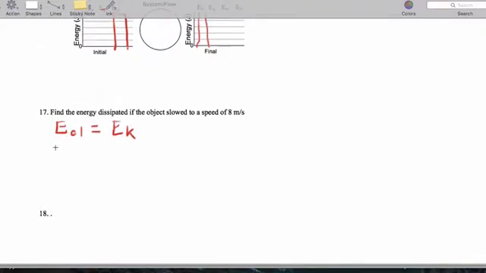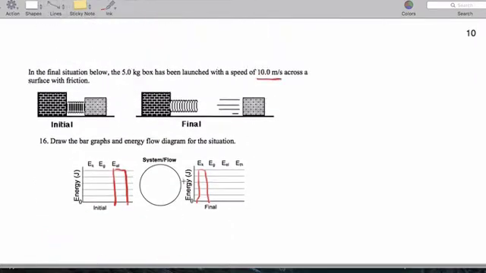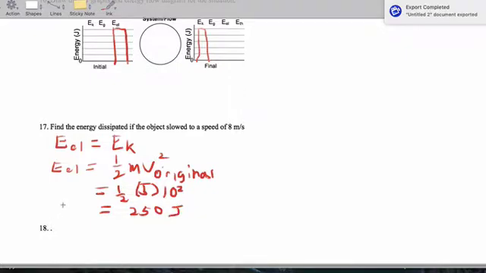So we end up getting here E elastic equals 1/2 m v original squared, and that's going to be 1/2 times 5 times 10 squared, which ends up being 250 joules worth of energy.